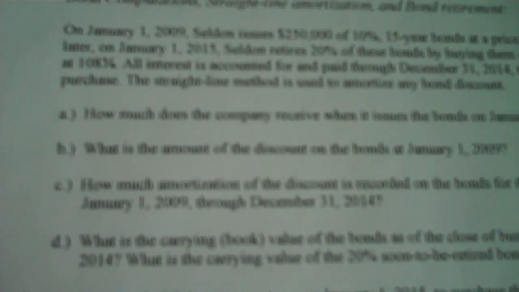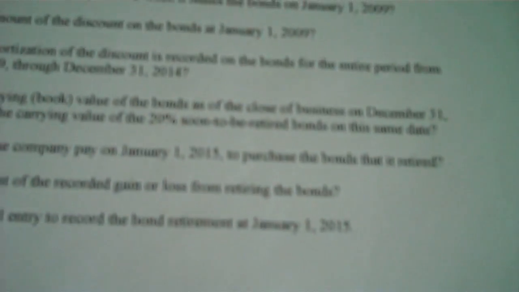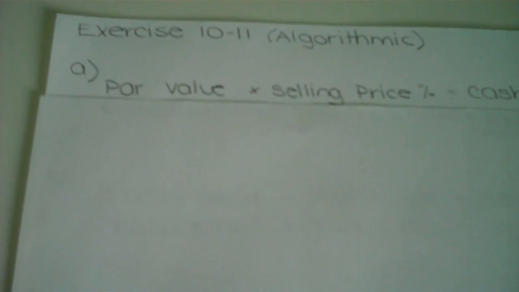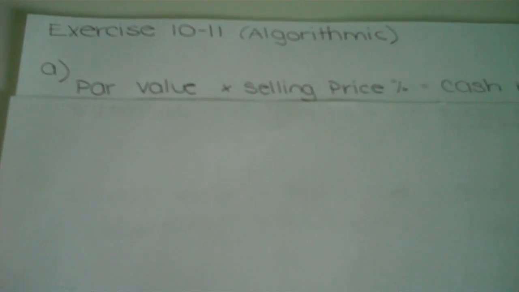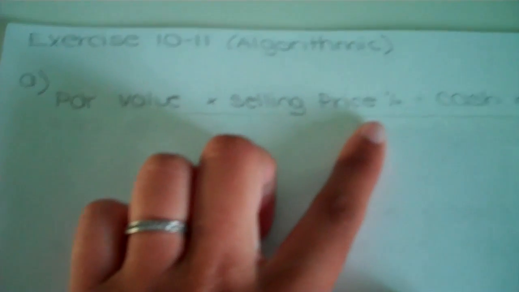Part A asks, how much does the company receive when it issues the bond on January 1st of 2009? To solve Part A, you're going to want to use the following formula, which is par value times the selling price, which is expressed as a percentage.